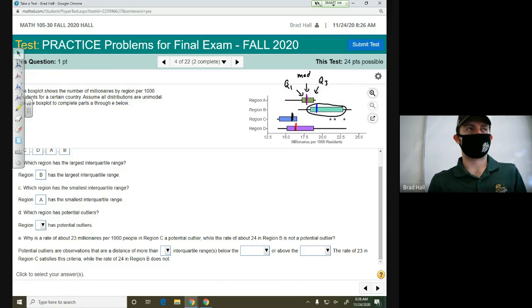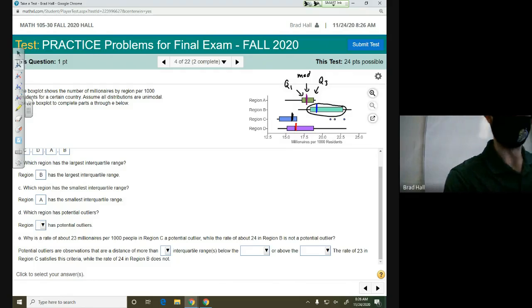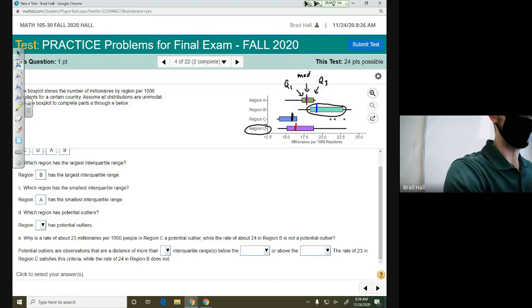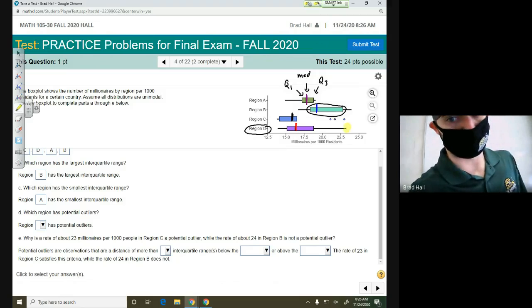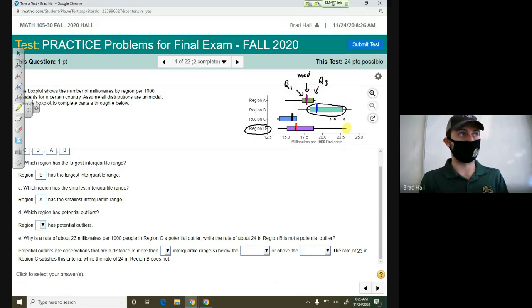Remember, outliers are values that stray far away from the summary of information. So as I look at all of these, the potential outlier that seems evident to me is in region D. Because in region D, the maximum part seems to be very far stretched away from the box, which is where 50% of the data is supposed to be.